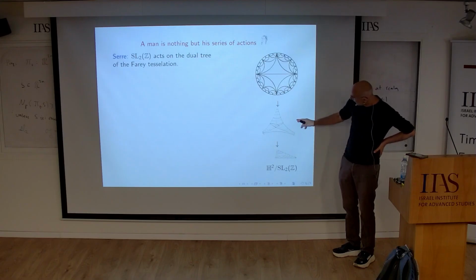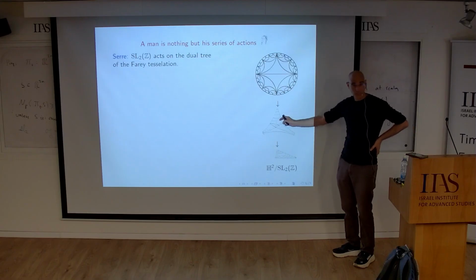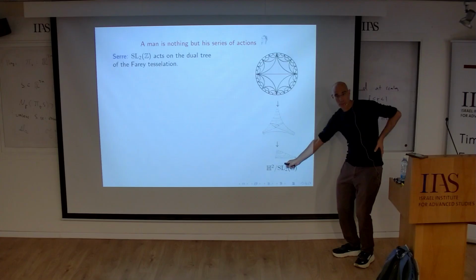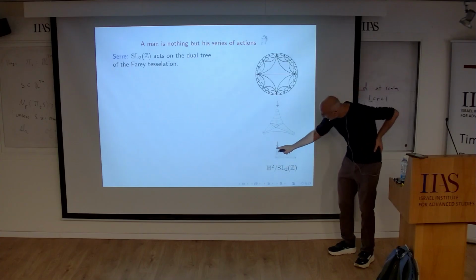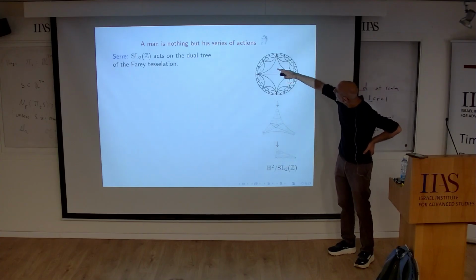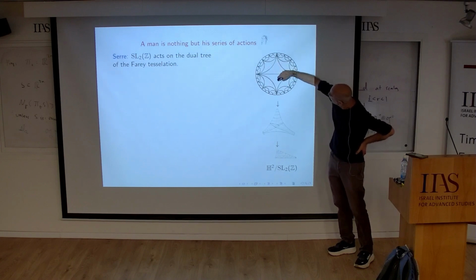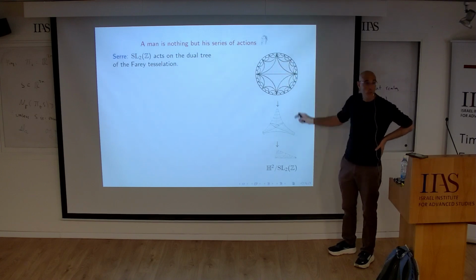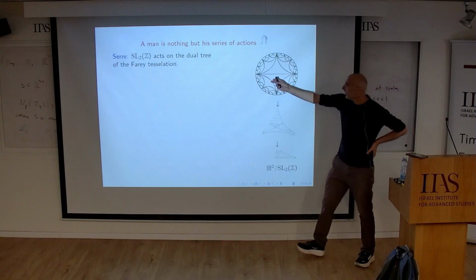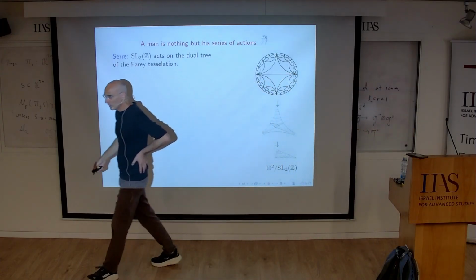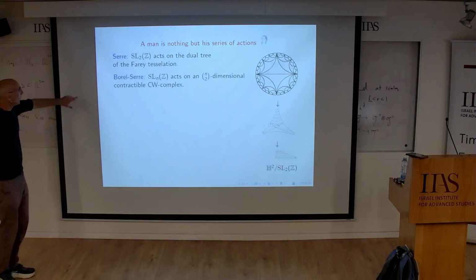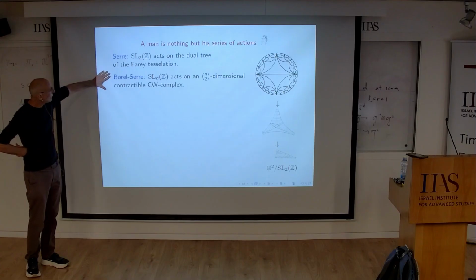And SL2 over F2 is S3. That's the thing that acts on this to get this quotient. If you take just this edge over here and lift it, and take the SL2Z orbits of it, or all the preimages, you just get the dual tree of this Farey tessellation, and SL2Z will act on this.